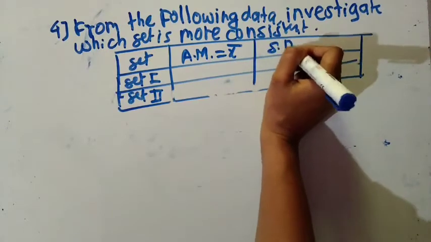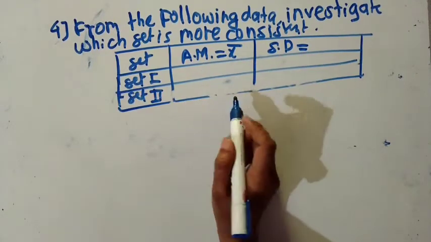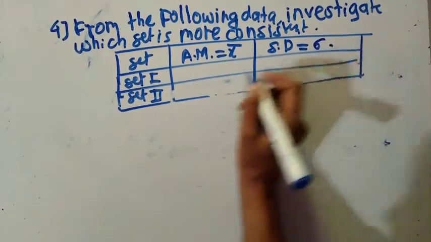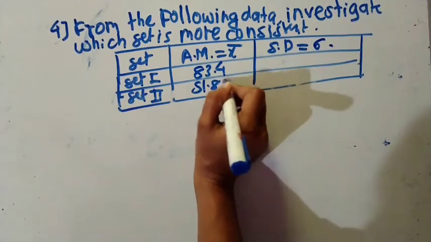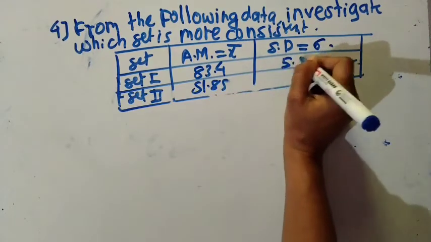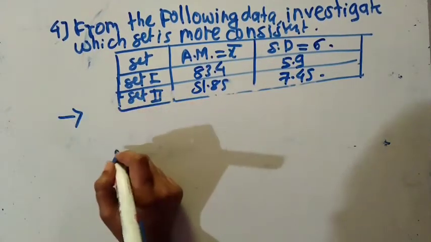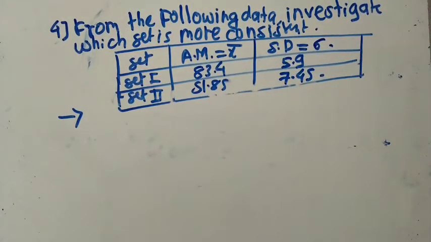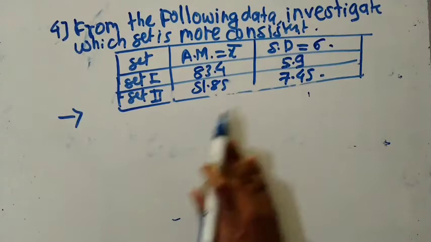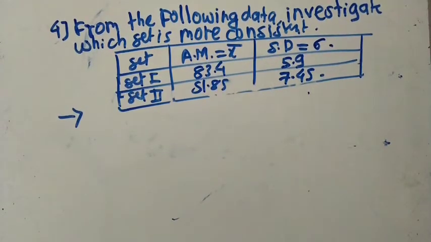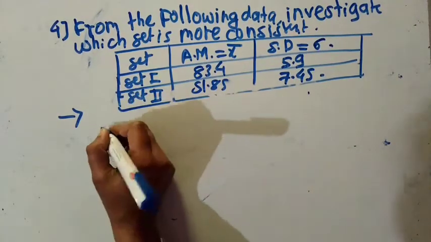X bar and standard deviation. Mean, the arithmetic mean, is X bar and standard deviation is sigma. 83.4, 5.9, 7.45. Then first find out the coefficient of variance, and the set with the lesser coefficient of variance is more consistent.